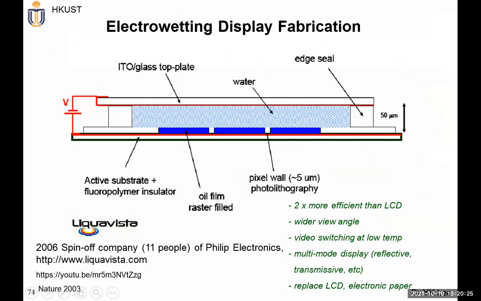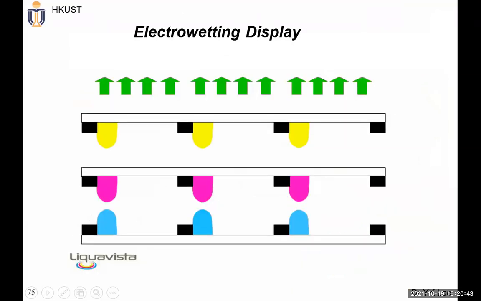Okay, and of course we also mentioned that electrowetting is also used for electrowetting display. So the key idea is, once you want to display with a droplet, basically you need a droplet with some color, maybe some fluorescent dye molecules. In this case, you can see Liquavista is a team from Philips Research Lab in Europe.